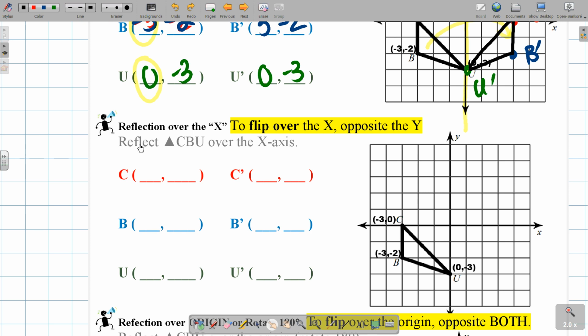Now we're going to flip over the x. And to flip over the x, we're going to opposite the y. So darken your x-axis. We're going to take this shape and flip it that way. Notice it's a vertical motion. So because that's a vertical motion, we opposite the y coordinate.